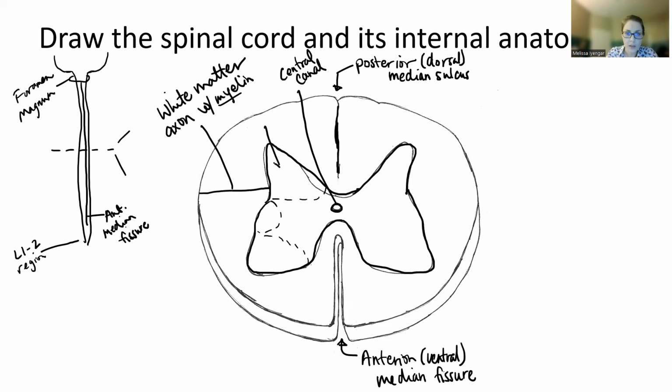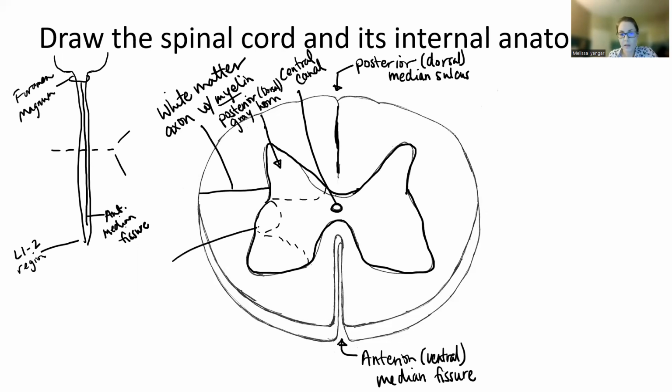So this part right here is going to be my posterior, otherwise known as the dorsal gray horn, because it's going towards the posterior aspect.